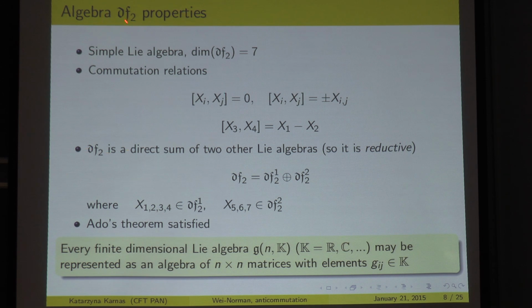And the algebra satisfies the conditions for the Ado theorem.